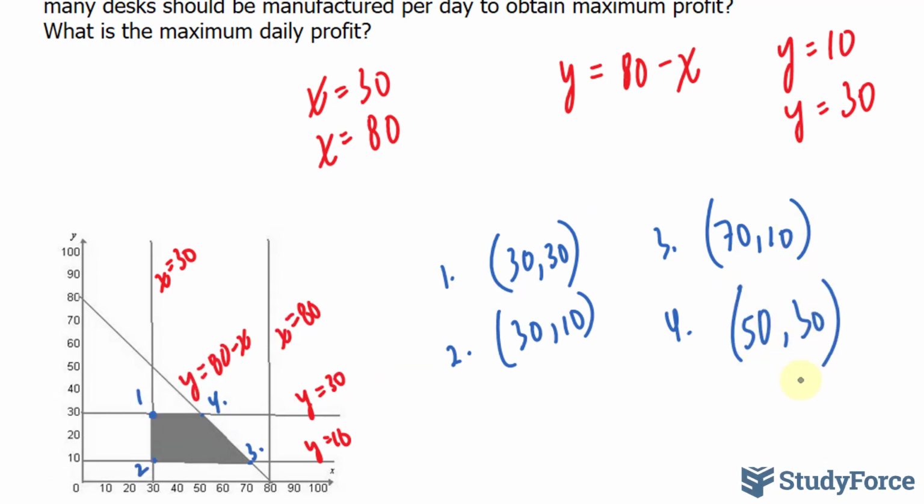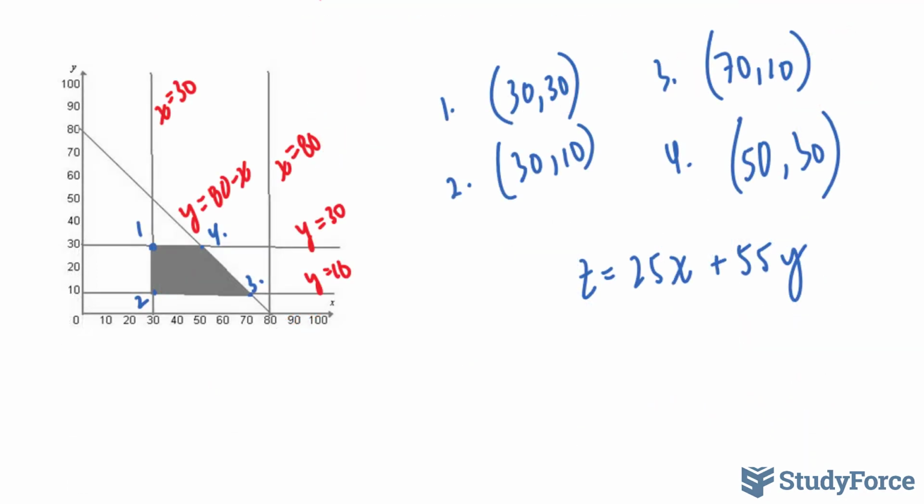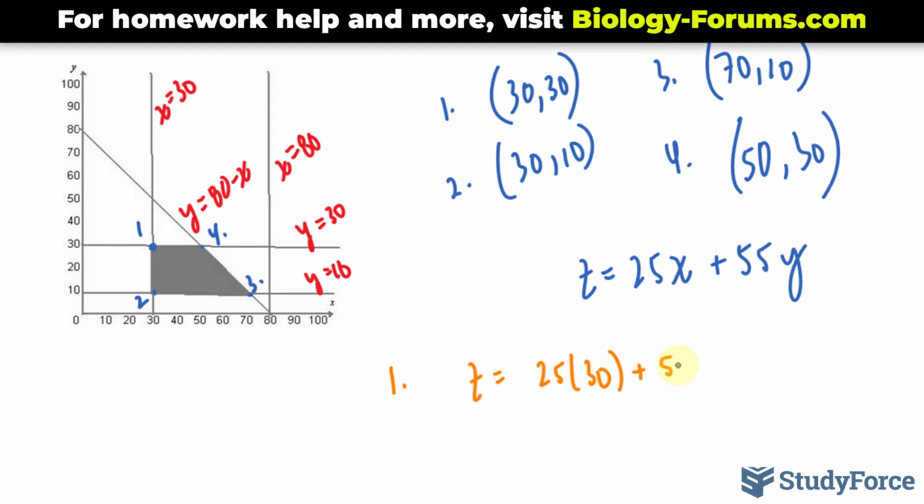Now that we have our points of intersection, we will substitute these into our objective function, which, if you recall, was z is equal to 25x plus 55y. Let's go ahead and substitute these points. Starting with the first point, we have z is equal to 25 times 30 plus 55 times 30.